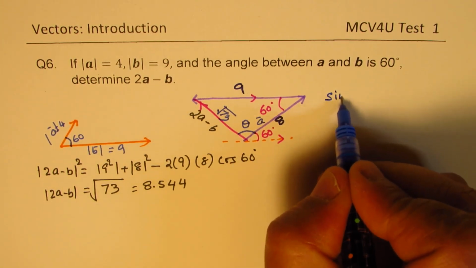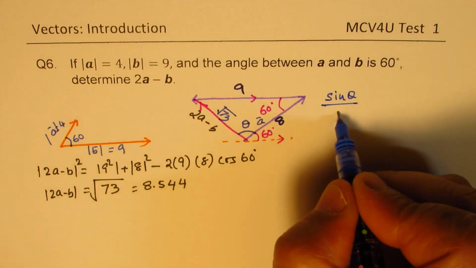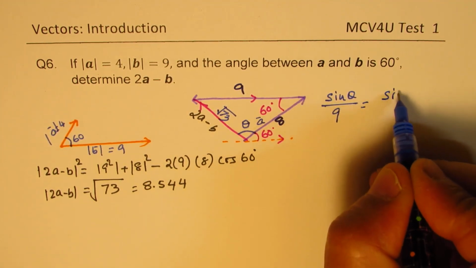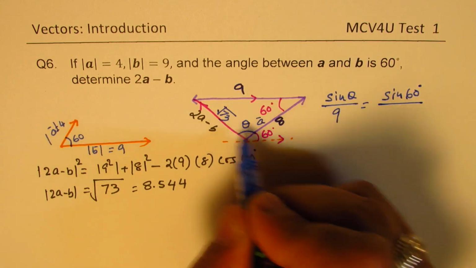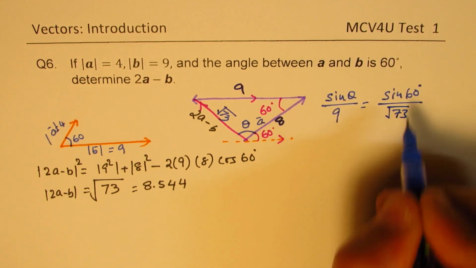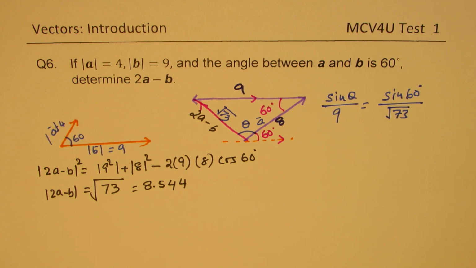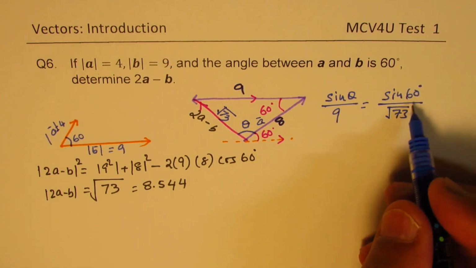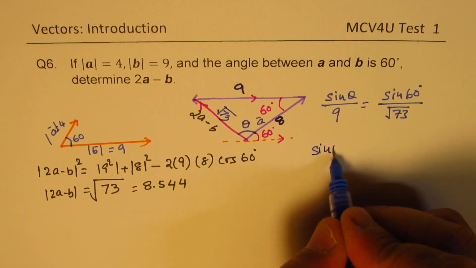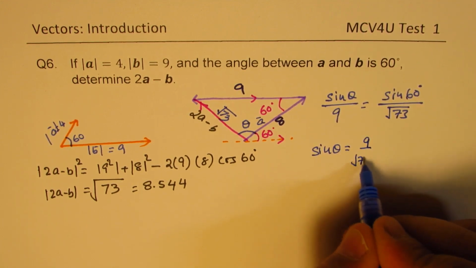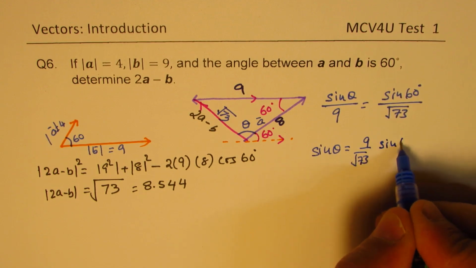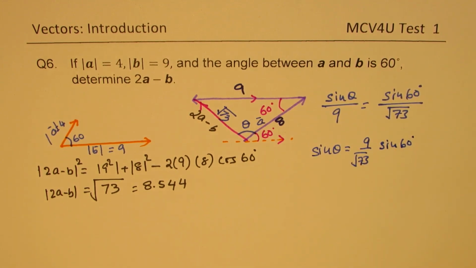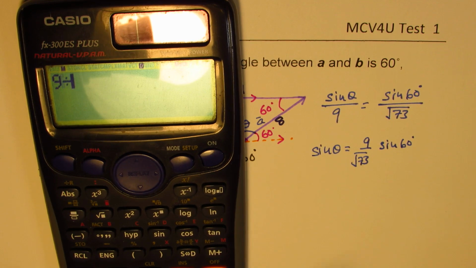So we can say sine theta over the side opposite, which is 9, is equal to sine of 60 degrees over this side, which is square root of 73. Clear? Now it's good to use square root 73 since we get more accurate answer, right? So we can get sine theta equals to 9 over square root 73 times sine of 60 degrees. So 9 divided by square root 73 times sine of 60 degrees.